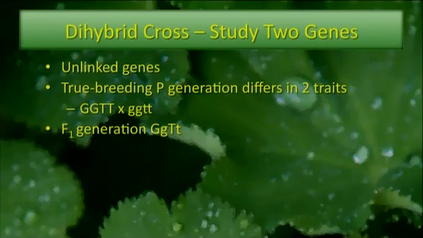So the F1 generation, or the first filial generation, if you remember the terminology, would be this big G from one parent, this little g from the second parent, this big T from one parent, and this little t from the second parent, okay? So then what happens is that you intercross the F1, or you self it or sib it, okay?